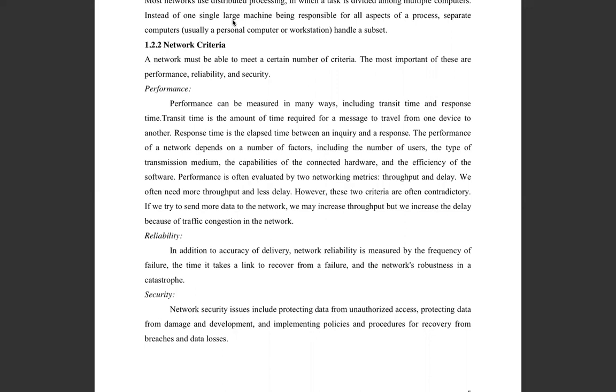So for you to measure the performance of a network, we are coming to measure the transit time and the response time. But one thing we will base on, the factors that are affecting these, are the number of users on this network. If we have more users, there's likelihood our transit time is going to decrease, or our response time.